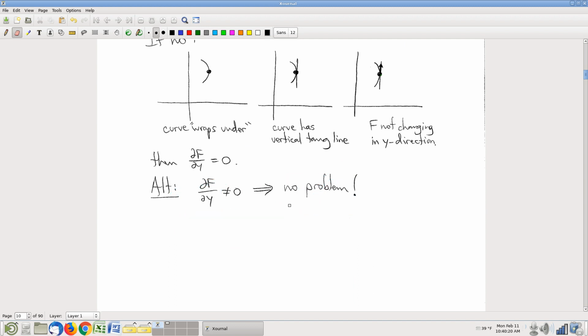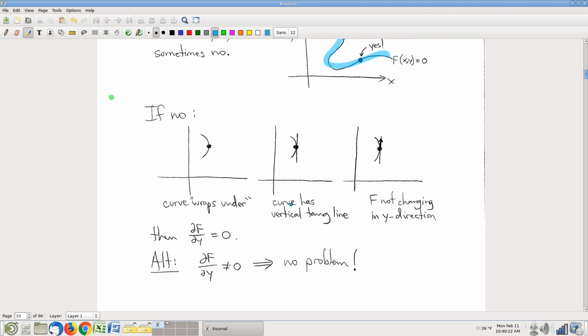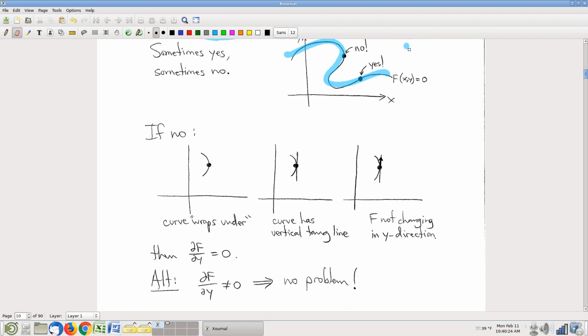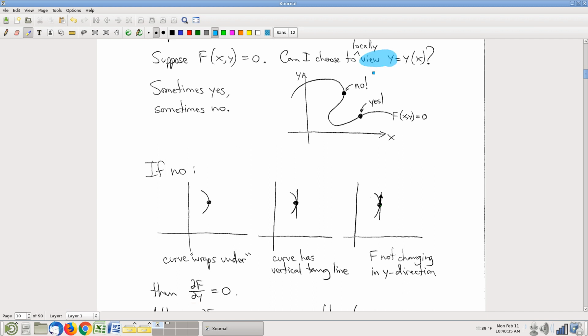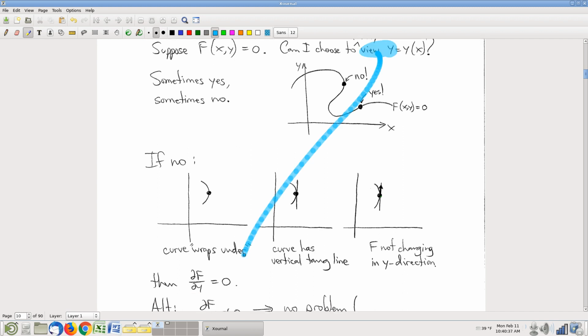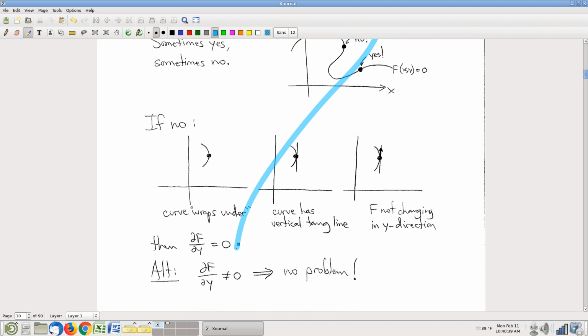Okay. By the way, it's really easy to lose track of which variable is which. Notice here I want to view y as being a function. Whichever variable you want to view as being a function, that's the one you take the partial with respect to.